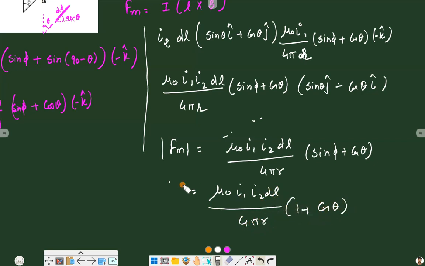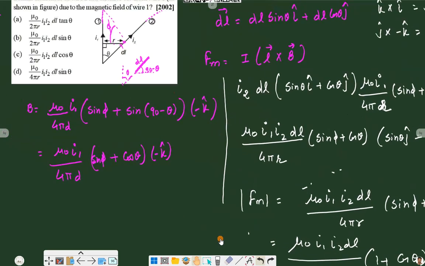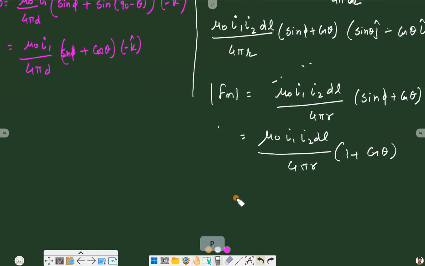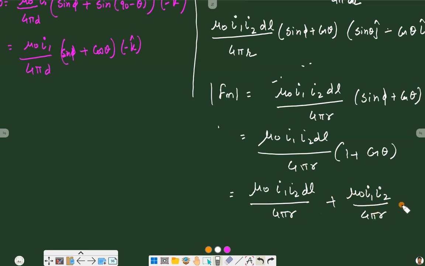We don't have any such option here, but what we can do is split this into two parts: mu naught I1 I2 dl by 4 pi r plus mu naught I1 I2 dl by 4 pi r cos theta. This is a constant part because all the values are constant, not changing. Only theta is variable.